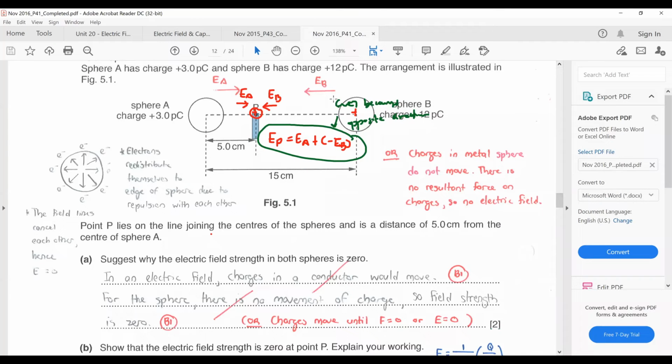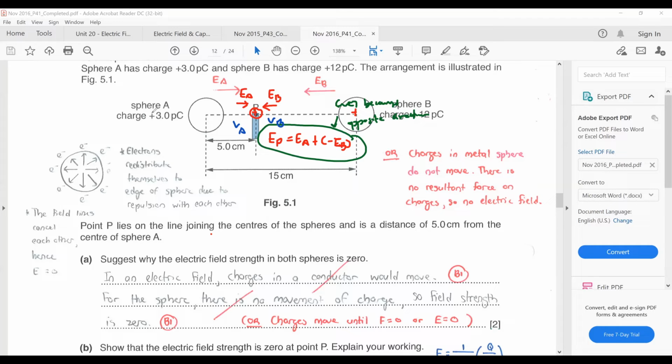Okay, right. Okay, so this one was you finding electric field strength. Now you want to find out your electric potential. You want to find out your electric potential at this point. You need to find out what's the electric potential due to A and electric potential due to B. So in your case here, you will have VA here, and then you have VB here.